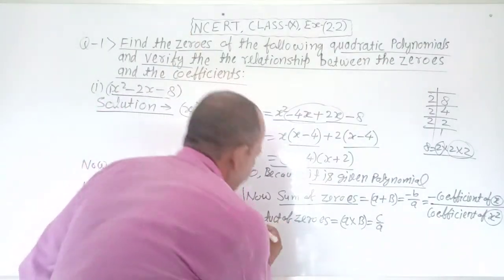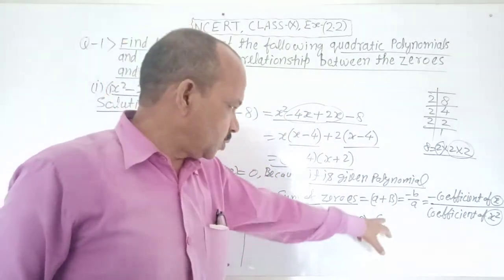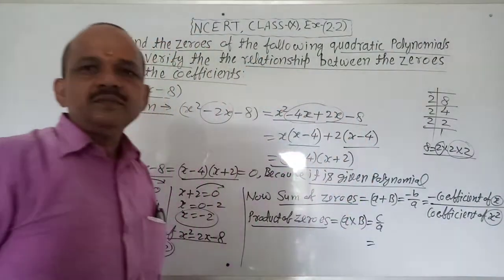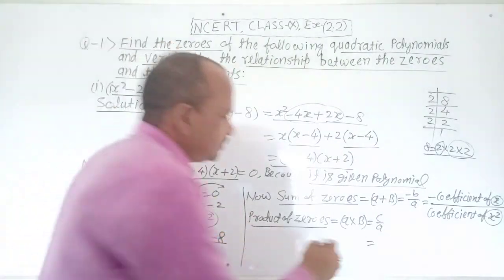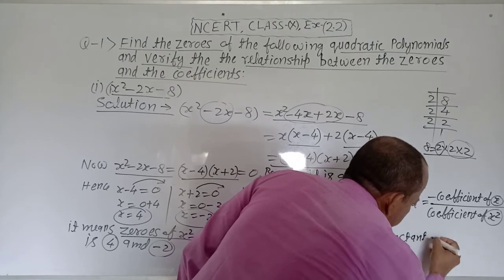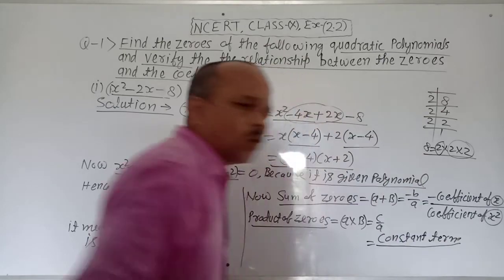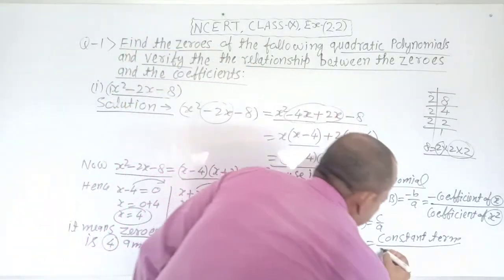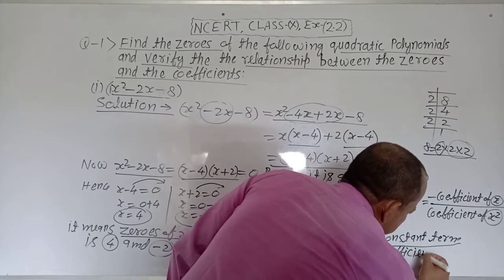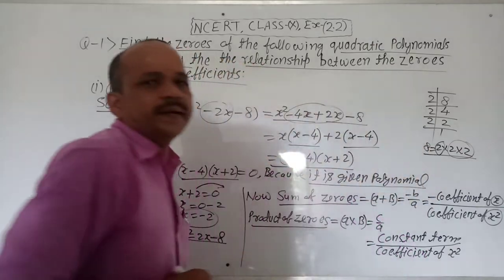Product of zeros equals alpha multiply beta equals c by a equals constant term upon coefficient of x square.